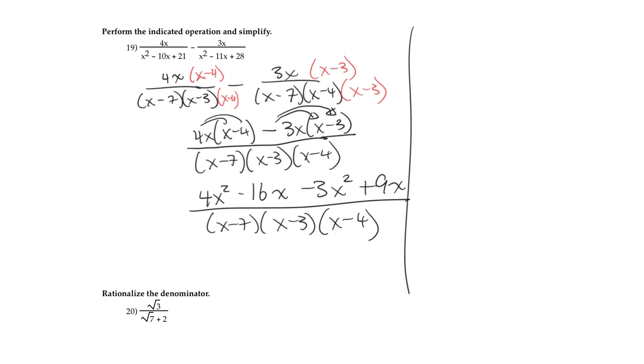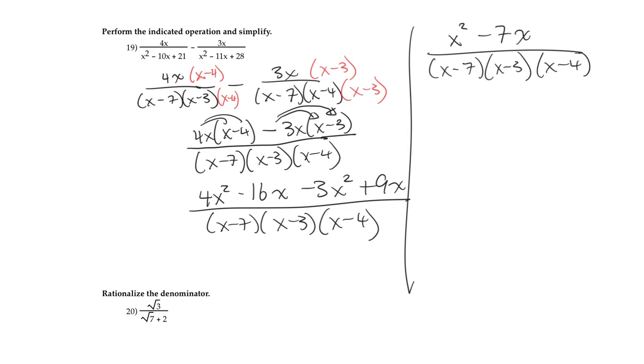Okay, looks like I need to come over here now. So on the top, 4x squared minus 3x squared would just be an x squared. Negative 16x plus 9x would be a negative 7x over the common denominator. Okay, and then if you got to that point, I'm giving you most of the points.